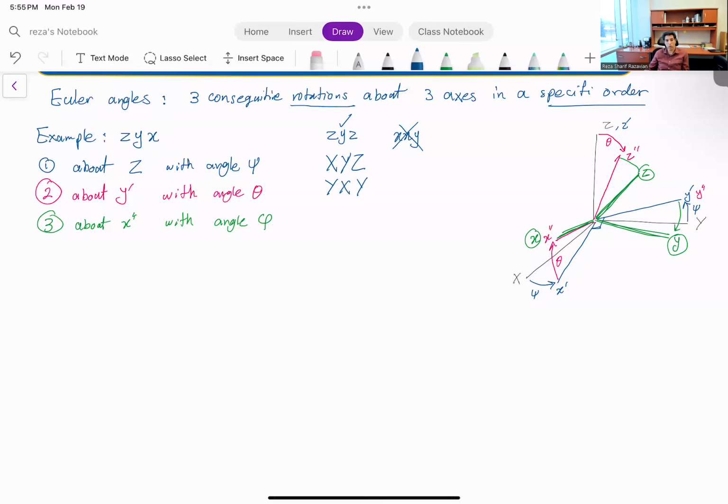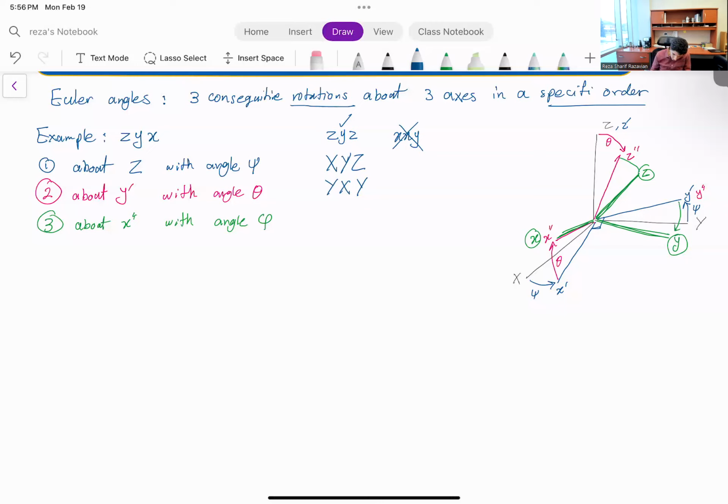Yes, all of these are valid. Either you rotate about the newly formed body frames, or relative to a fixed original frame.